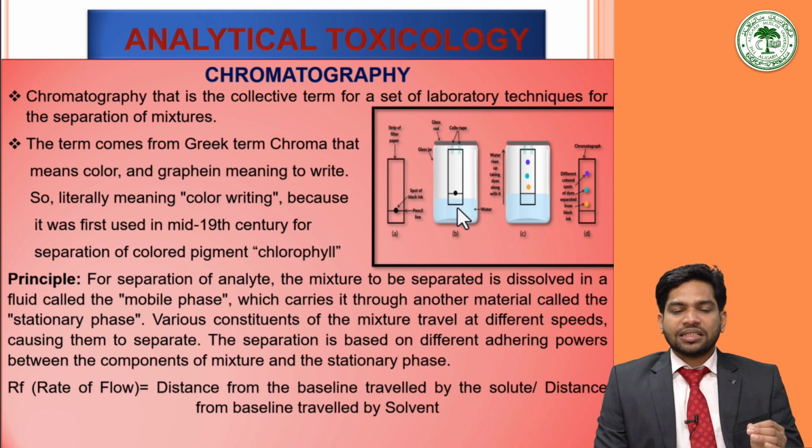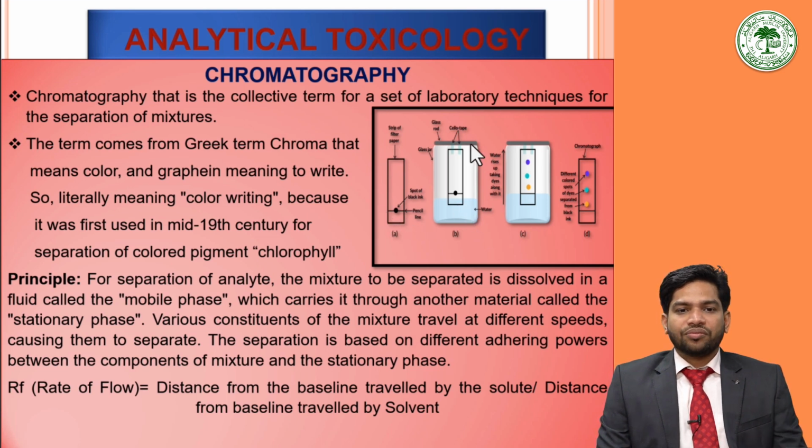So once this is dipped in a mobile phase, different particles in this solution will travel at different speeds according to their affinity to this stationary phase. So this mobile phase will allow the different molecules to travel at different speeds, and here they will produce different colors according to their positions. This will be detected to know the exact nature of the substance. So this is the idea behind chromatography.